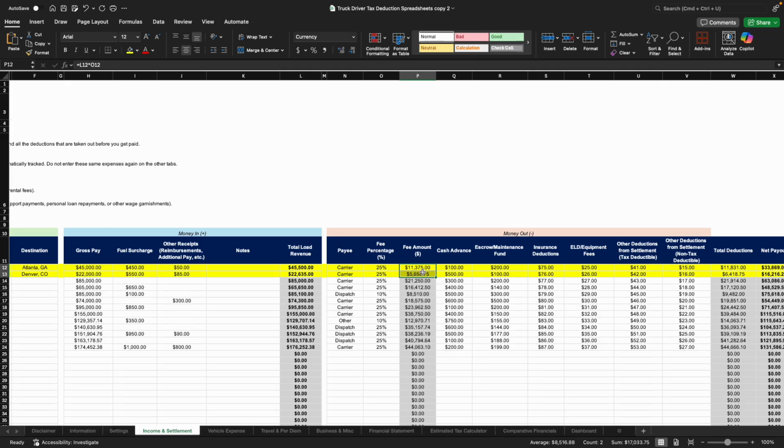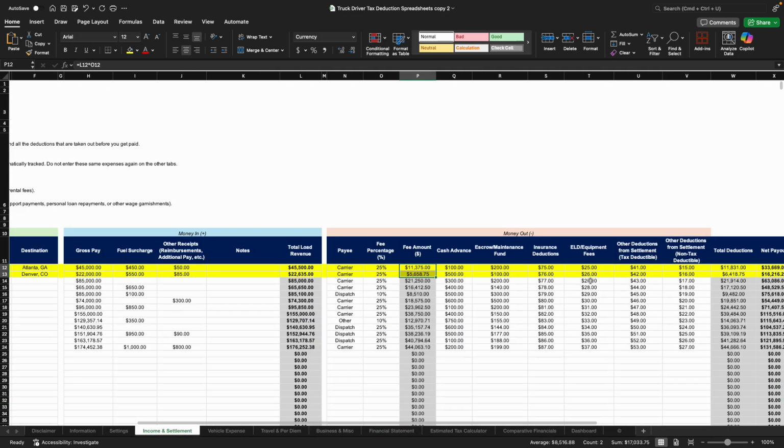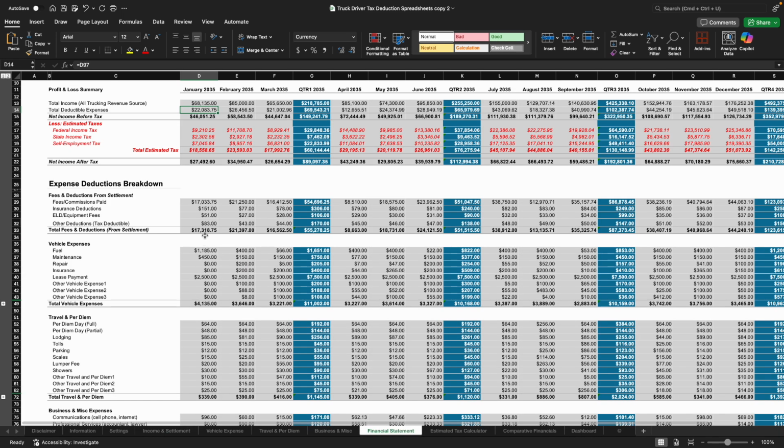You need to pay this out to make money. So that's why this amount, 17,000 here, is added to the deduction here. It's a deductible expense. And then your insurance deduction, same thing. This is a business expense. You need to pay this expense as part of your business, right? So that's why here you can see it's $151 and that amount is pulled over here.